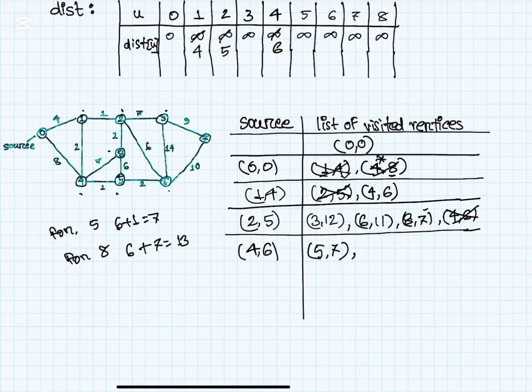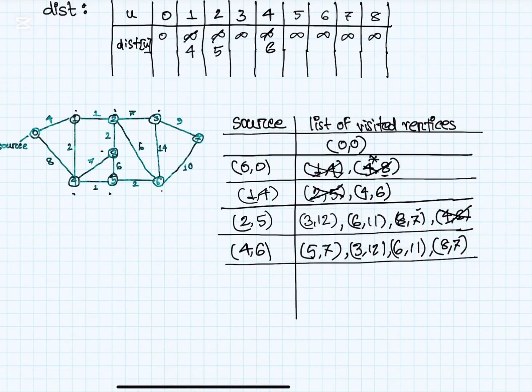So we'll not be updating the distance. 3, 12. 6, 11, 8, 7. New source will be 5, 7. So the adjacent vertex is only 6.